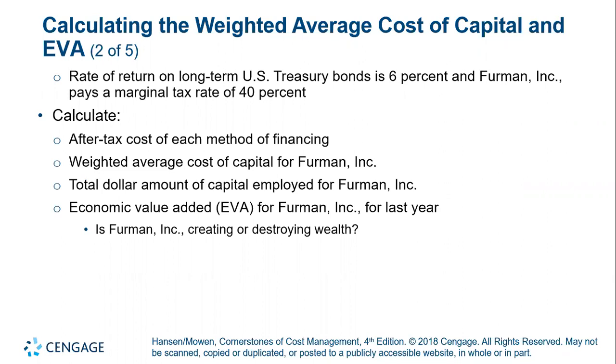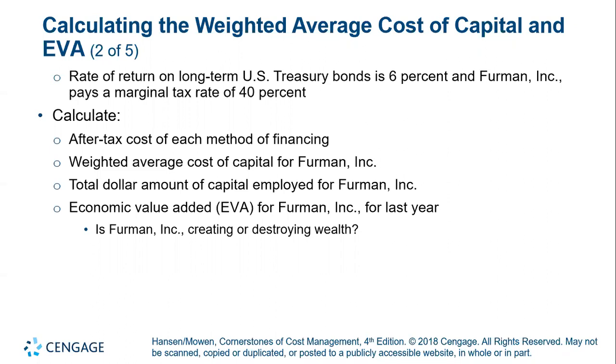Calculate the after-tax cost of each method of financing, the weighted average cost of capital for Foreman, the total dollar amount of capital employed for Foreman, and the economic value added for Foreman for last year. Is Foreman Incorporated creating or destroying wealth?